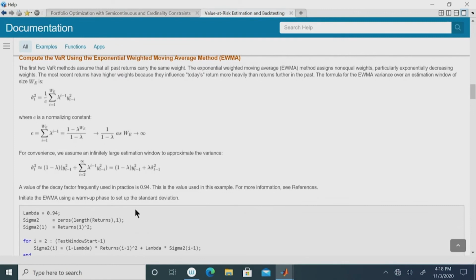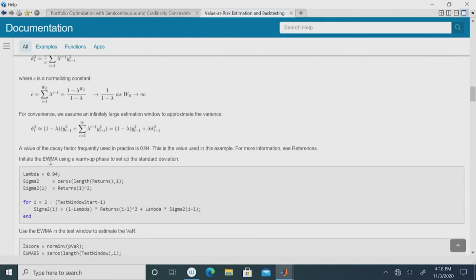Let us now look at this illustrative example. In this example, we will initiate the EWMA. First of all, we set lambda to be 0.94, and we take sigma to be zeros of the length of returns and 1, and then we calculate sigma squared of i recursively.